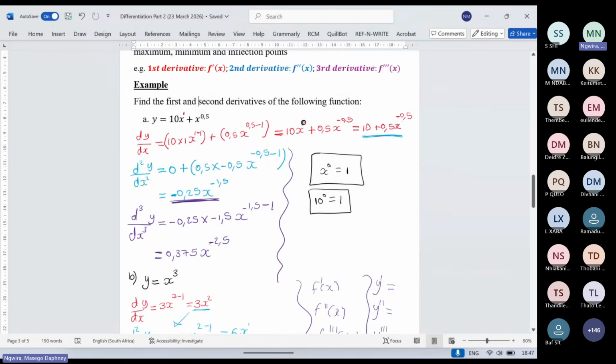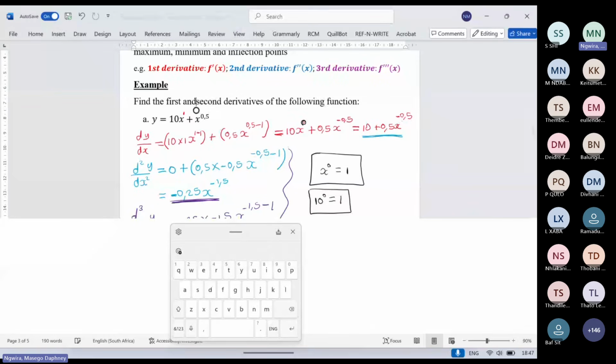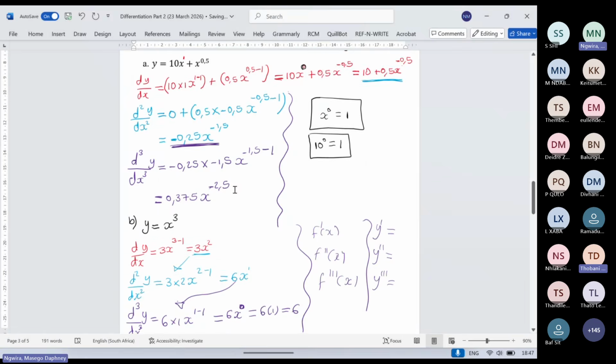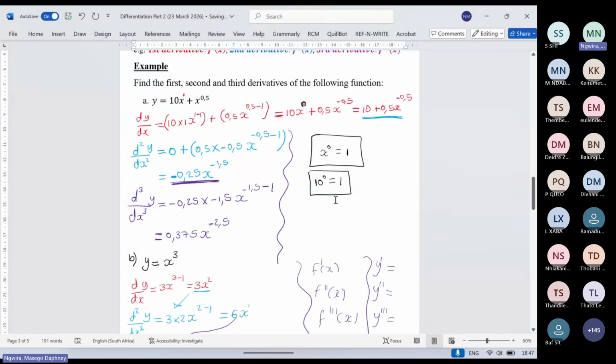I just did this because I wanted to show you the first, second, and third. Yes, thank you, Tato. I missed that one. Yeah, first, second, and third derivatives. So I did it three times.